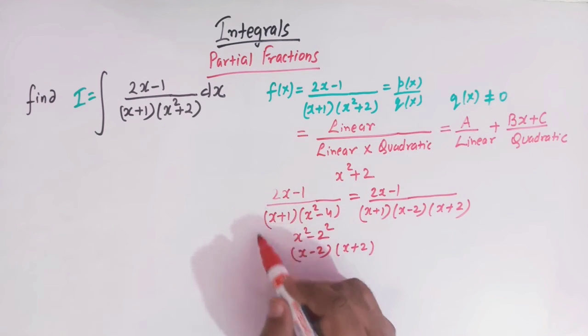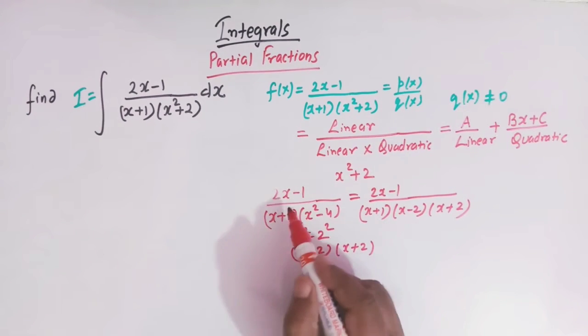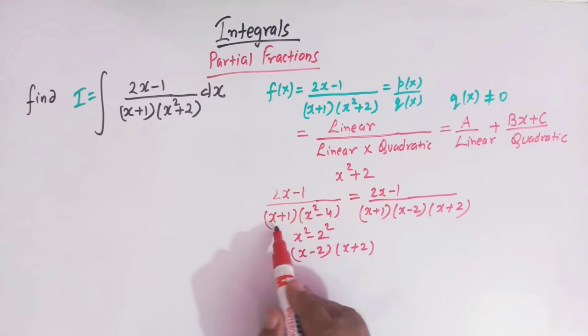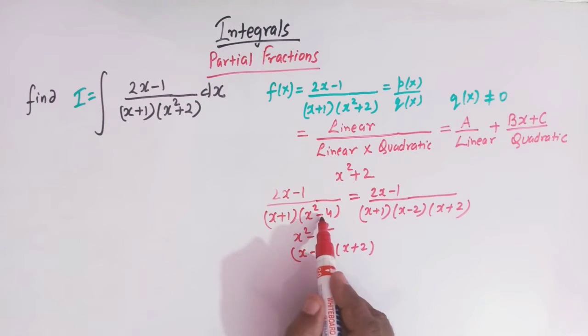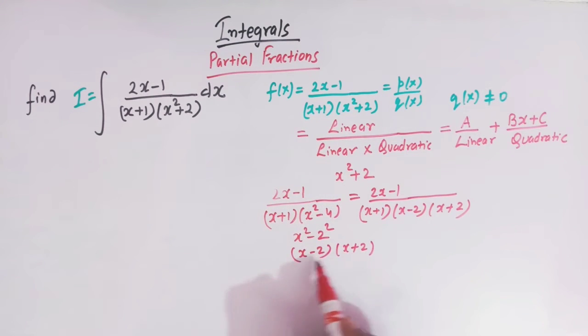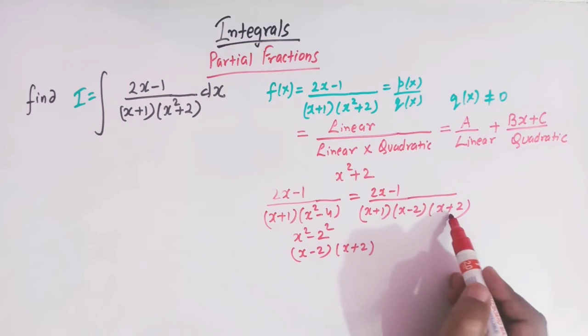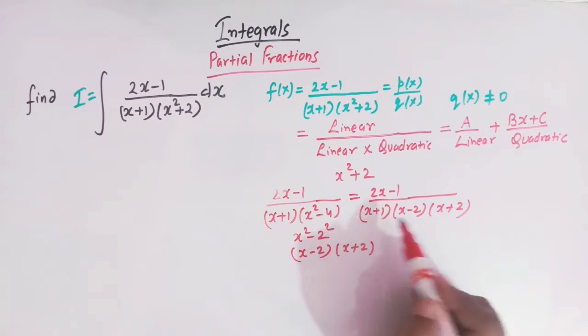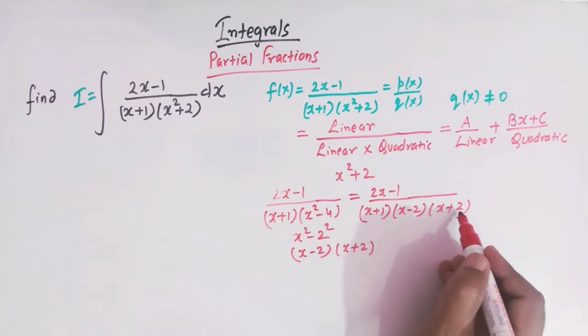Initially when we look at this rational function, we see that the denominator is the product of a linear factor and a quadratic factor. Further, the quadratic factor can be resolved into two linear factors. So now the denominator consists of three linear factors.